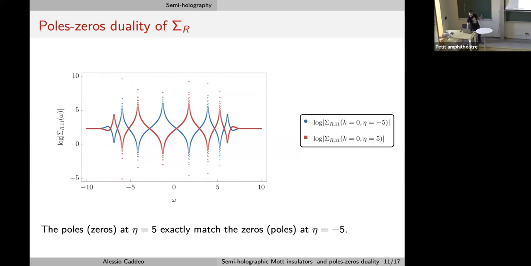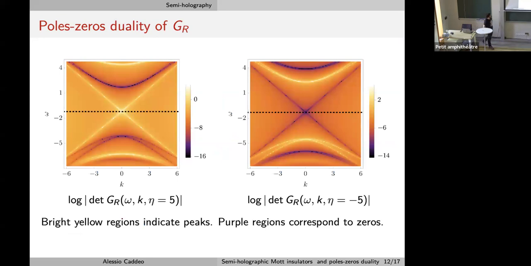But as I said, this exact pole-zero duality becomes an approximate pole-zero duality for the fundamental fermion Green function. This can be seen in these density plots. Here I'm plotting the logarithm of the absolute value of the determinant. On the left we see a positive value of eta, which, as I said before, is a semi-holographic metallic phase. The bright lines are divergences, so poles.